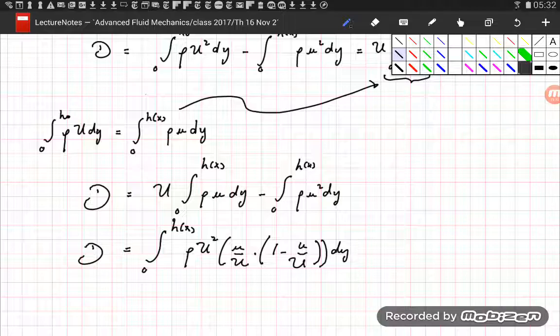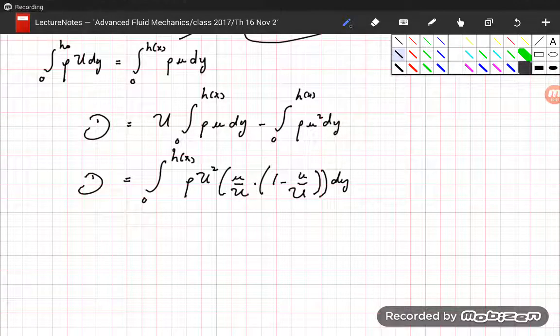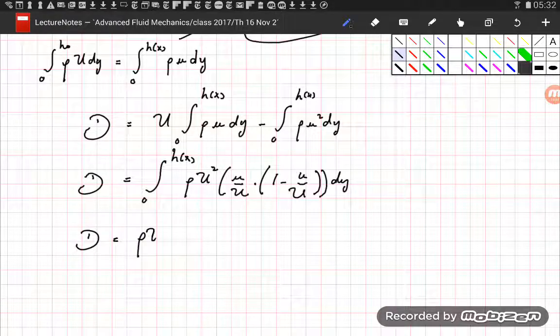And I do this to have here the momentum thickness appear. And so to do that, let me just take this rho U squared out of my integral. I have rho U squared integral from 0 to h(x) of small u over capital U, 1 minus small u over capital U dy.